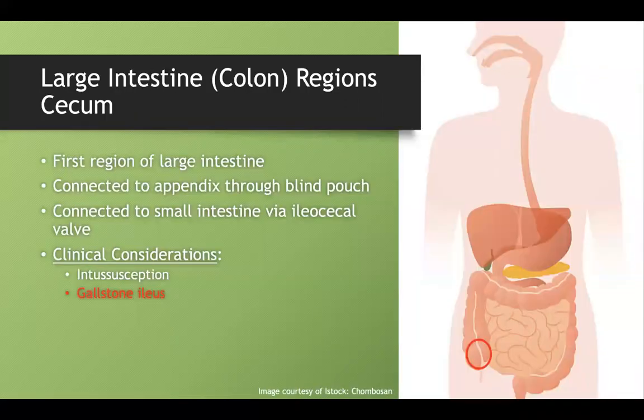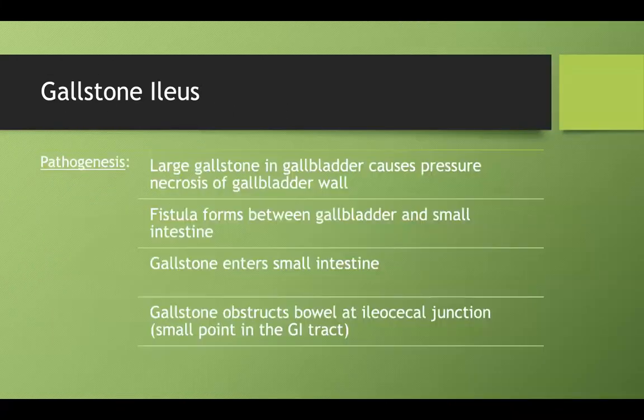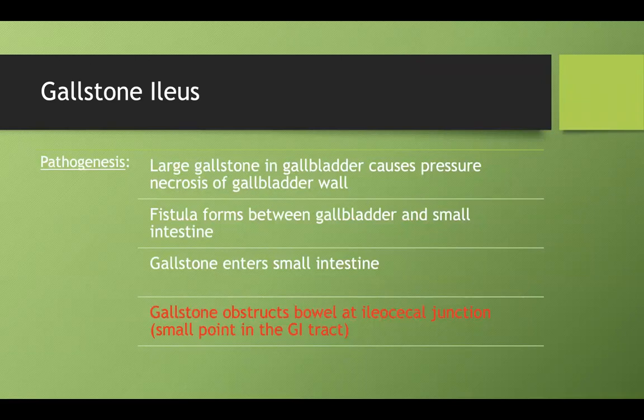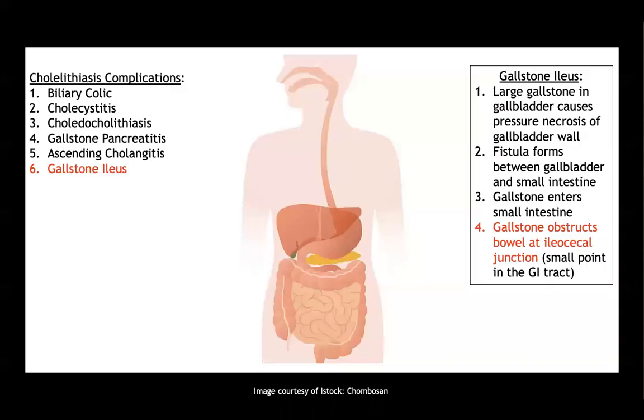Another thing I want you to keep in mind when you think about the ileocecal valve is the condition gallstone ileus. I talk about this more in the hepatobiliary lecture coming up, but I just wanted to point out here on one of our slides from that lecture that usually in gallstone ileus, the gallstone makes it pretty far down the intestinal tract, but it ends up getting stuck at the ileocecal junction because that's the smallest point in the GI tract.